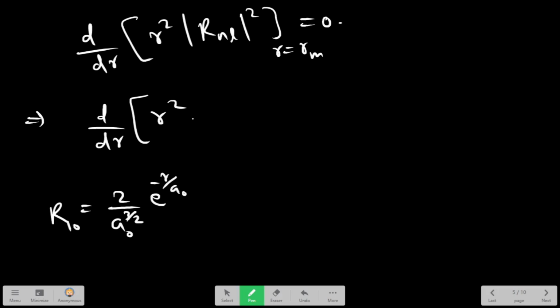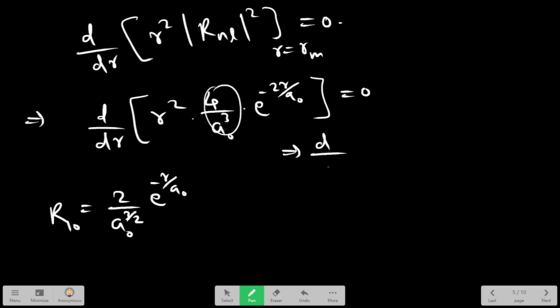This implies R10 modulus squared is 4 by a naught cube times e raised to minus 2R by a naught. This is equal to 0. Now constants do not matter. This implies d by dr of R square e raised to minus 2R by a naught equals 0.